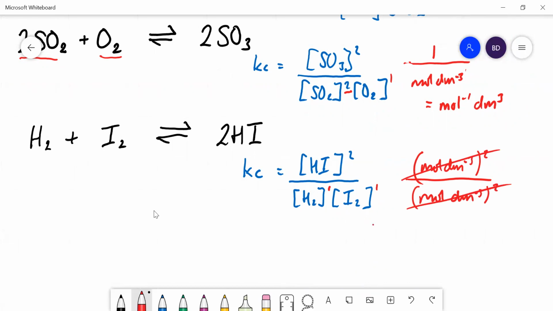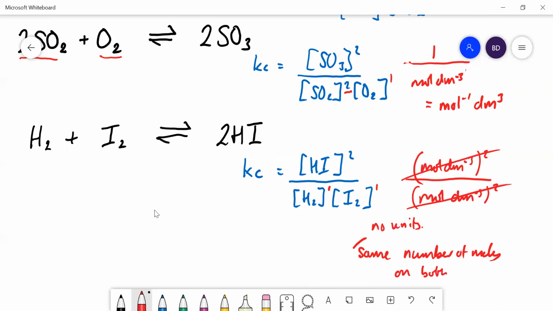So there are no units. Kc is a ratio, with no units, and it's easy to spot these sorts of equations. You have no units when they've got the same number of moles on both sides.